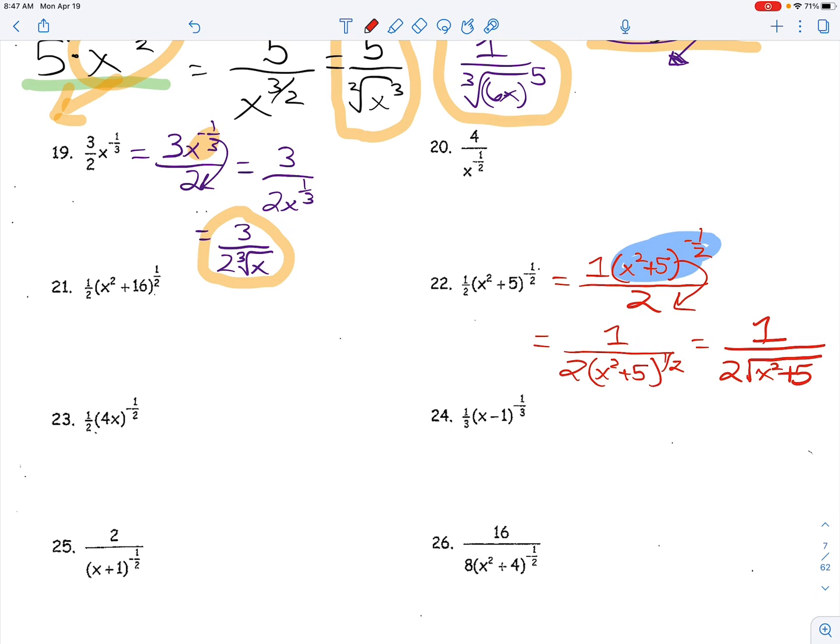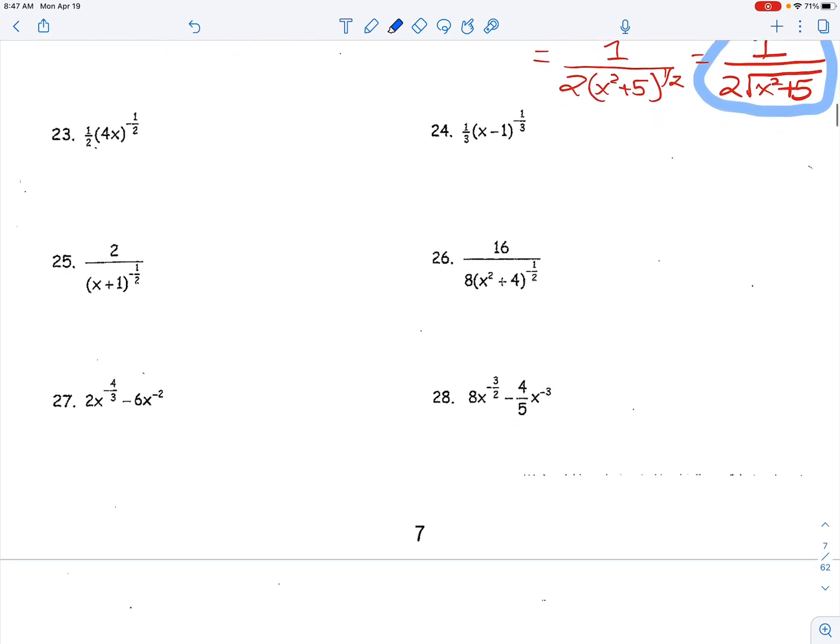So when the root is 2, you don't need to indicate that on the left side of the radical, because it's implied that it's a square root. Any other root than 2 does need to be indicated. Okay. All right, so this is your answer to 22.